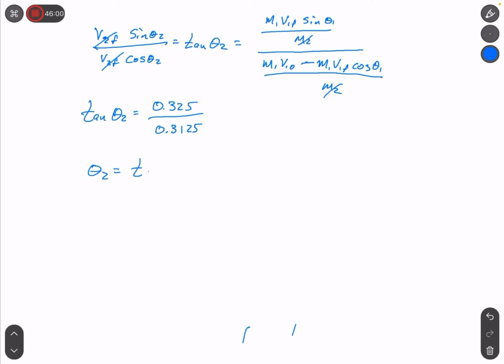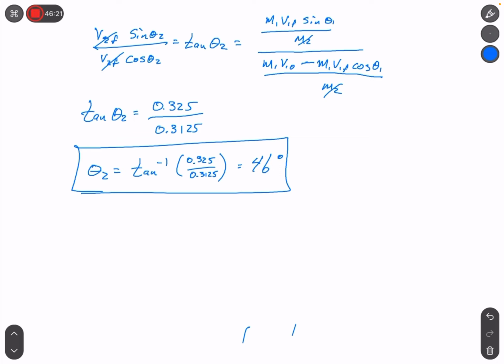Theta 2 then is the arctangent of that. And that is 46 degrees.